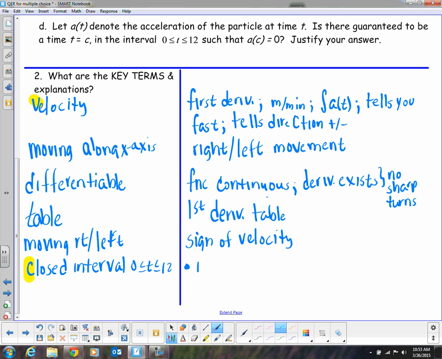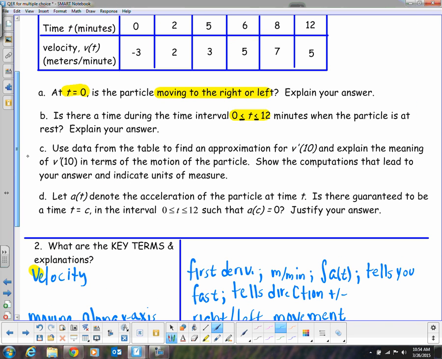Be BOLO: be on the lookout for mean value theorem, intermediate value theorem, extreme value theorem. Anytime you see a closed interval, think of these. It might not involve any of these at all. This one doesn't. But we want to be on the lookout because these are a lot of times overlooked. Closed interval.